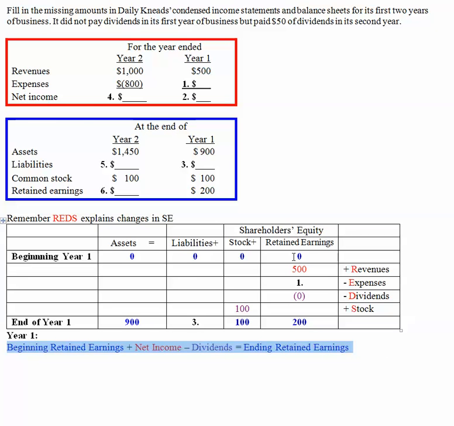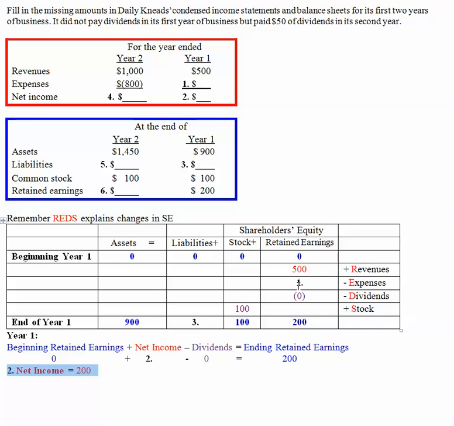Well, we have right here for retained earnings the following. Our beginning retained earnings were 0. We don't know what net income is. That's what I'm trying to figure out. We were told our dividends were 0, but we can see here that our ending retained earnings was 200. So I can, from that, gather that net income must have been 200.